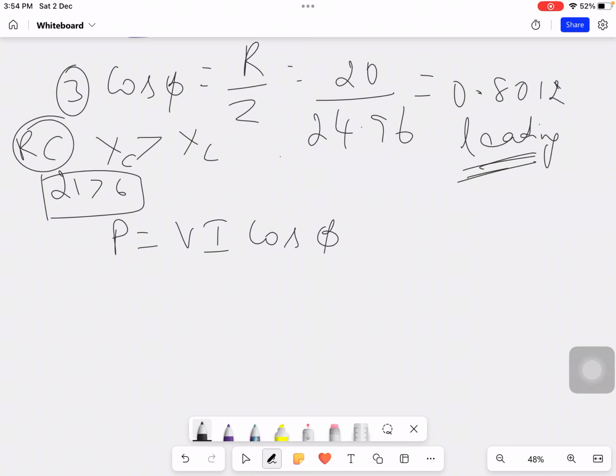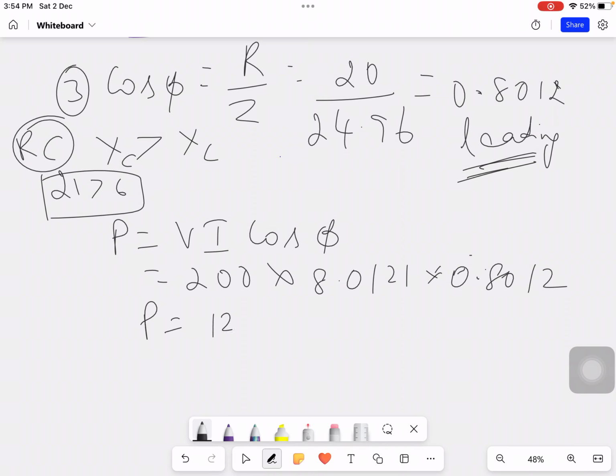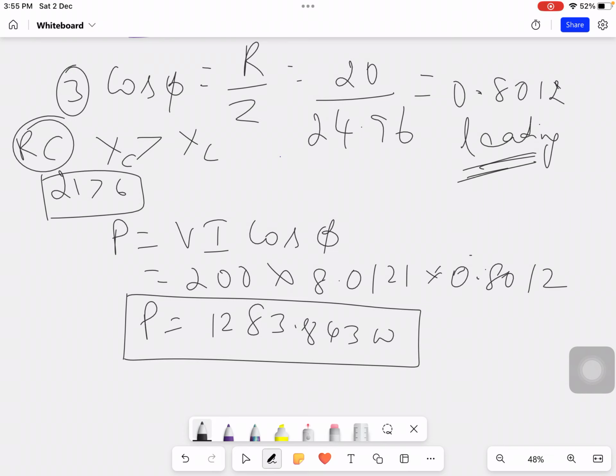You know V, substitute 200, and current is 8.0121, and cos phi is 0.8012. So you simplify, you will get around power is 1283.843 watts. This is the equation for power.